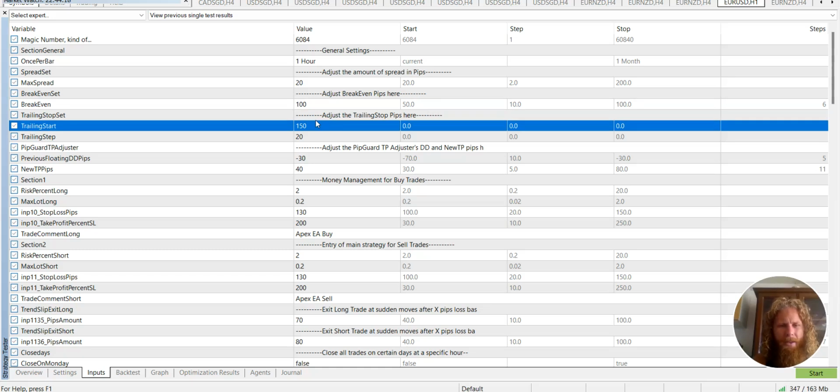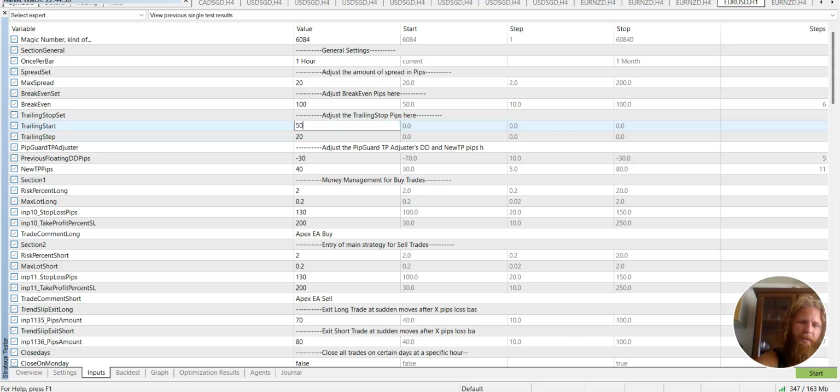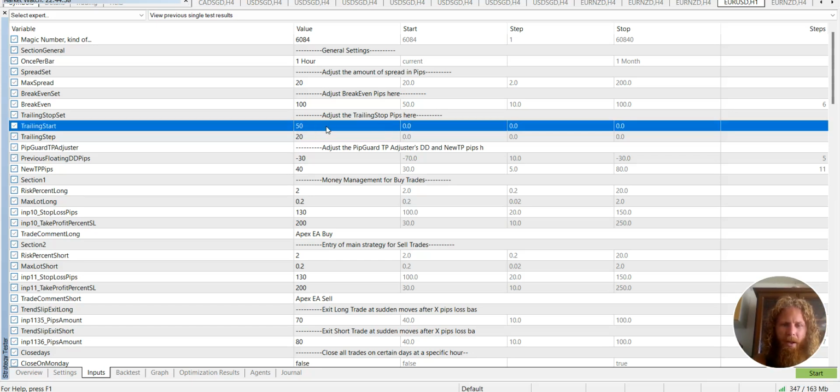The next is the trailing stop loss, which many traders wrote me about, like, please, we want trailing stop loss. So here is the trailing stop loss, completely adjustable. You can use like 50 for the start. It means that after your trade is in 50 pips, then the trailing stop loss is going to follow your trade.